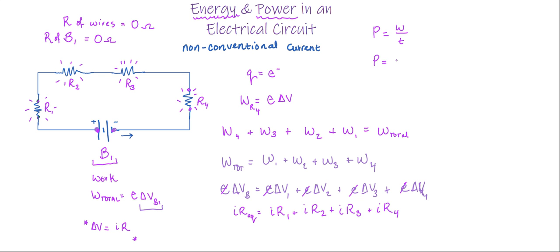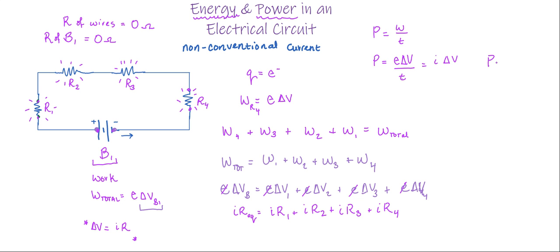We could say the amount of charge of the electron times delta V over T, and we see here charge over time, that's current, times delta V. So I times delta V is one expression for the power dissipated by a particular spot or resistor in the circuit. So we have to be very careful. It's not the same as delta V, but it is close.